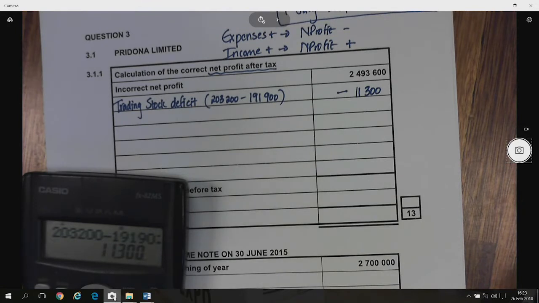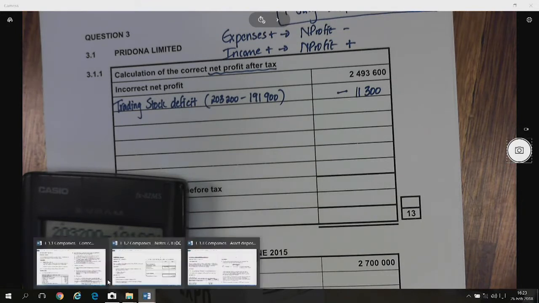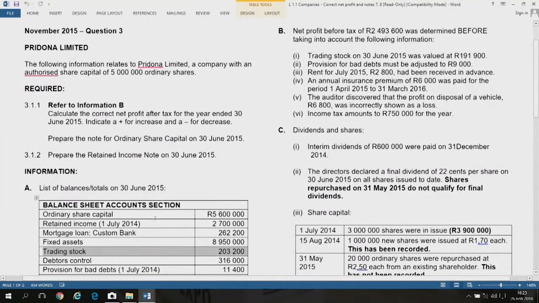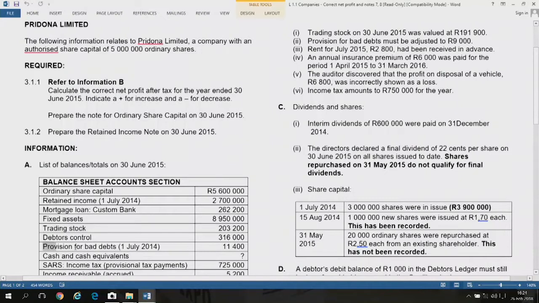Okay, the next one, we must go back to the information, and that tells us number 2, provision for bad debts must be adjusted to 9,000 Rand. If you look at your provision for bad debts on the first of the year, it was 11,400 Rand. So you can see that the provision for bad debts will become less, and that gives us an income. So we are going to put there provision for bad debts adjustment.